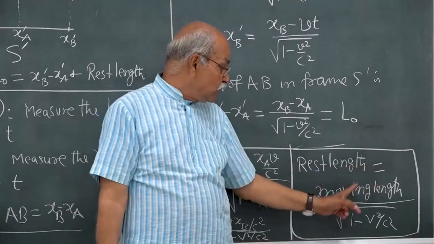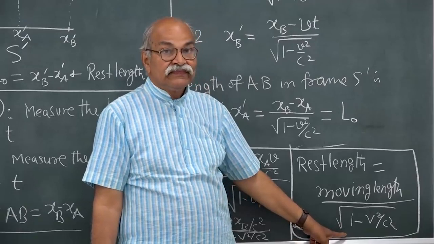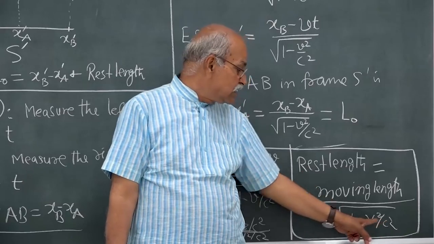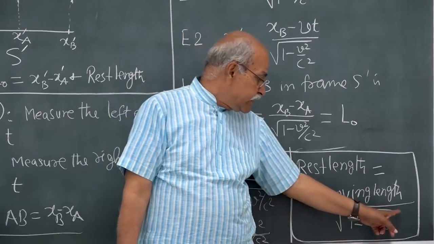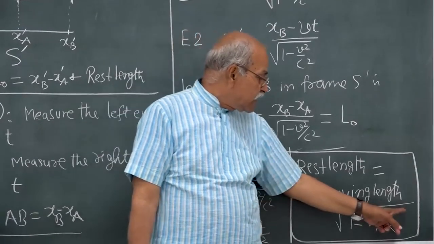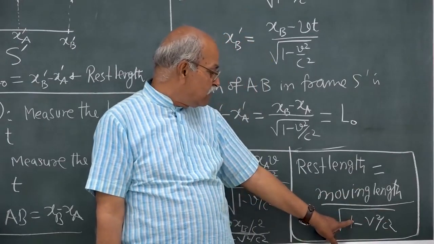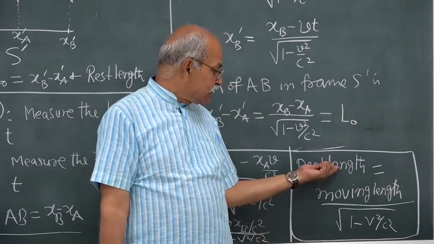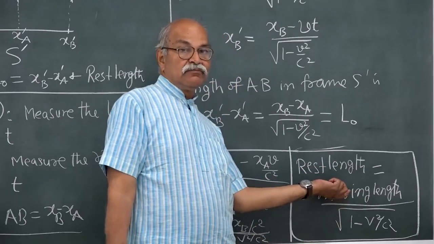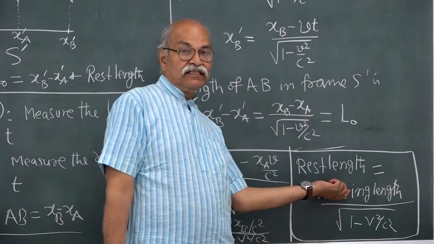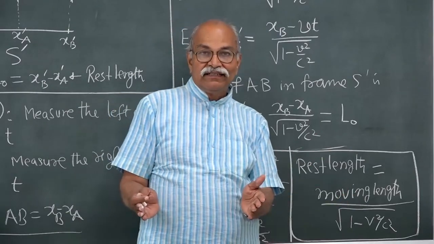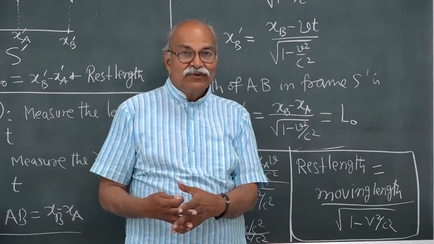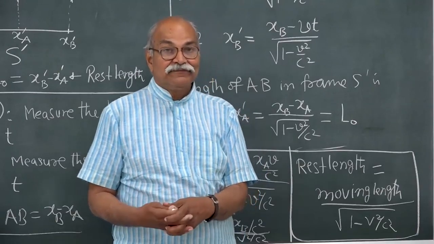So, rest length is equal to moving length divided by this, and remember this square root of 1 minus v square by c square is a number less than 1, and if you are dividing by a number less than 1, you are increasing the magnitude. So, rest length is greater and moving length is smaller. So, moving length is smaller than the rest length, and this phenomenon is known as length contraction.